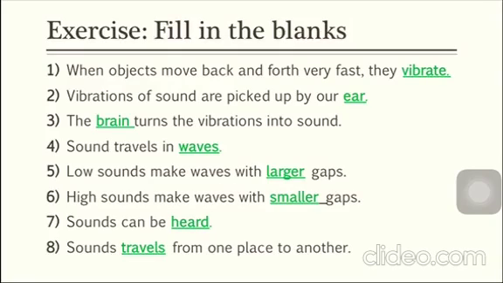That's right, there's a smaller gap. Blank number 7 is sounds can be dash. They can be heard. Blank number 8 is sounds dash from one place to another. What do the sounds do? They travel from one place to another.